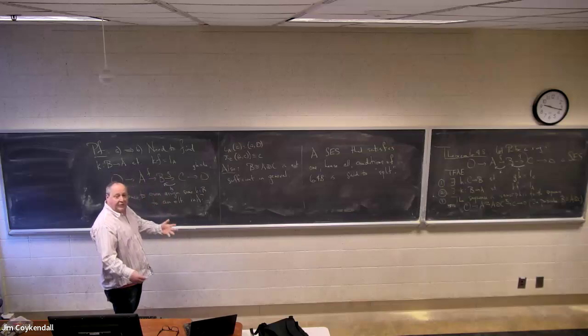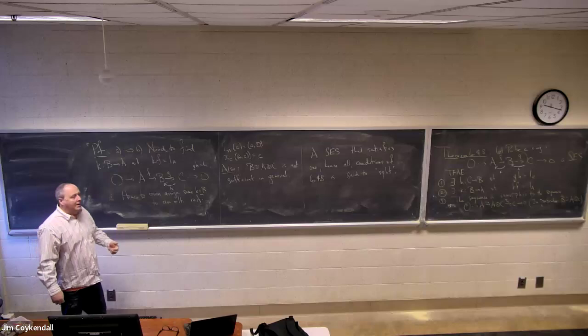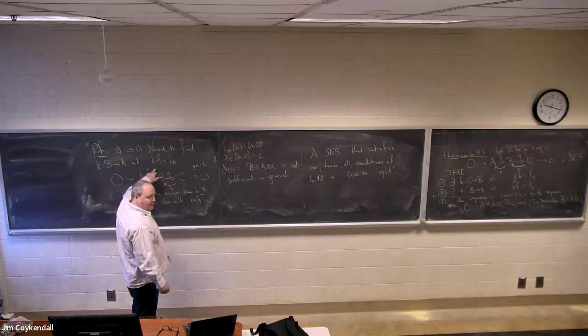Well, if G of that B is 0, that's right. So if I have some B that goes to 0 here, at least I know there's something back here that goes to it, and maybe it would make sense to take that B and assign it there.